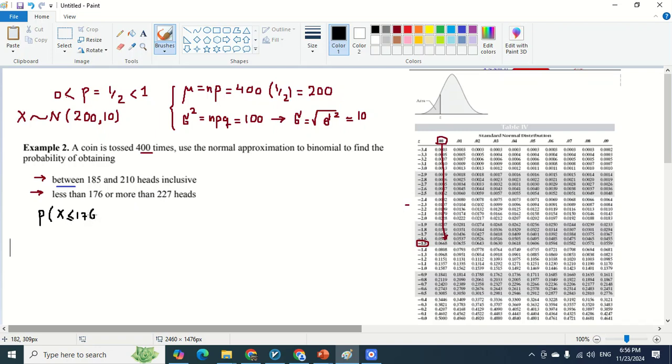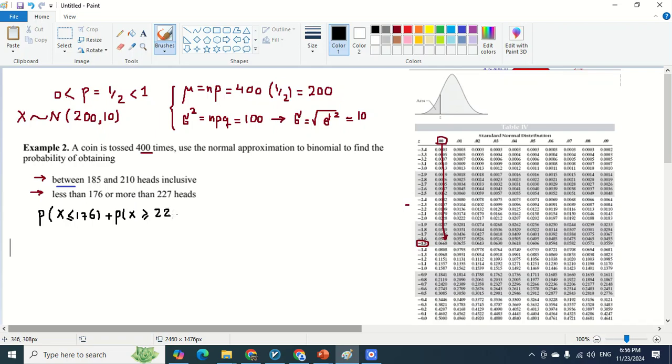when we use or, it means that we have the union, and the union changes to addition because there is no intersection between these cases, or plus the probability of x more than 227.